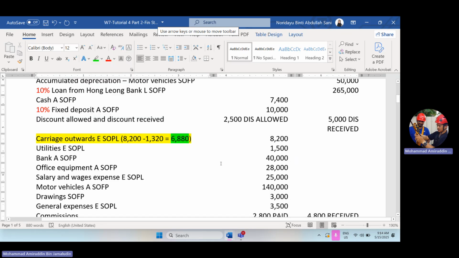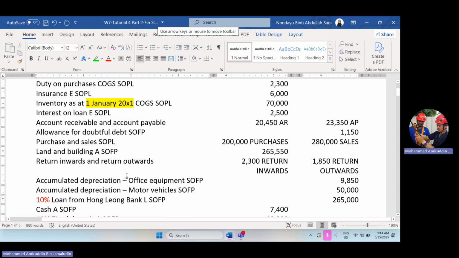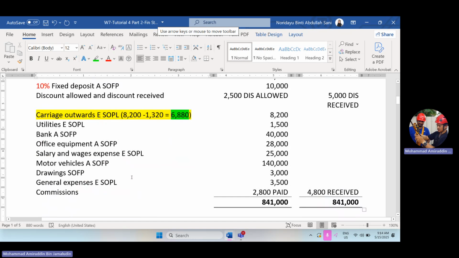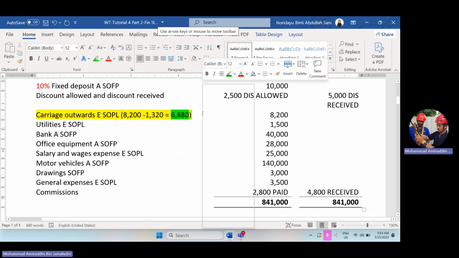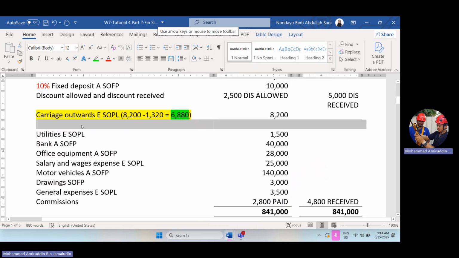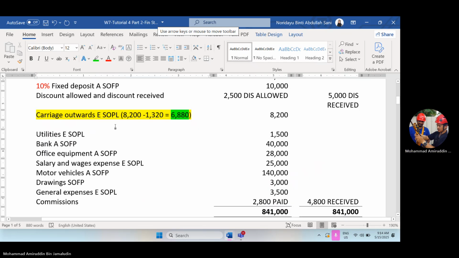This one we should charge to our SOPL later on. Do we have carriage inwards in the question? Is there any balance that represents this carriage inwards? We don't have any. So meaning I have to add this carriage inwards inside your SOPL.